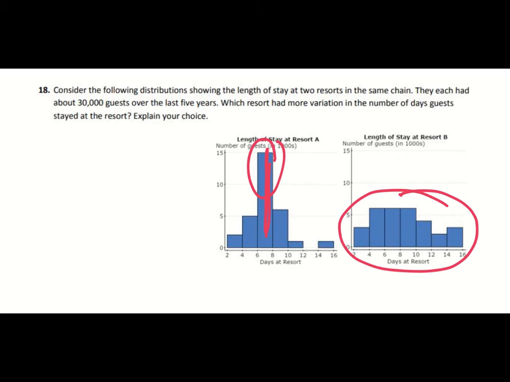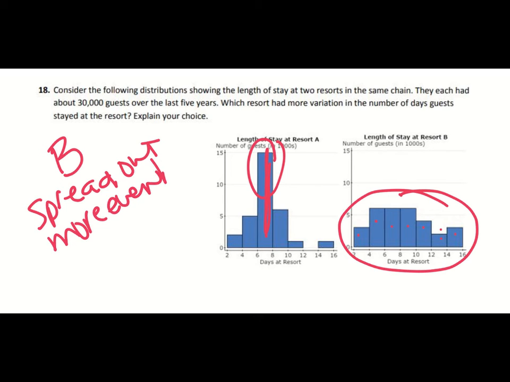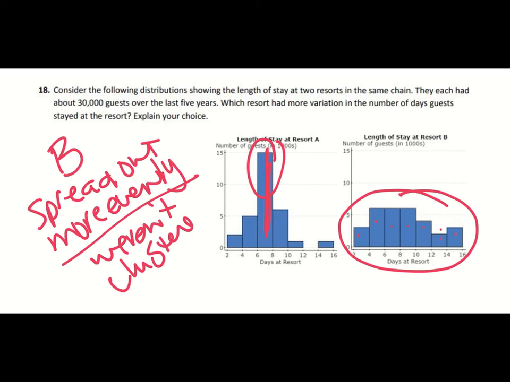But this one had more variation because people stayed, even though it was 2 to 16 days, this one had more variation because they were spread out. So resort B, they were more spread out, more evenly, and they weren't clustered all in one spot like A was.